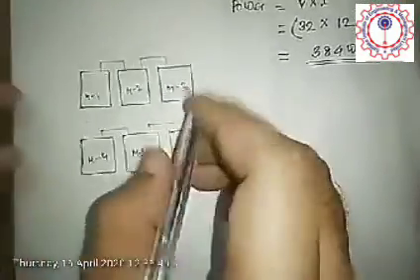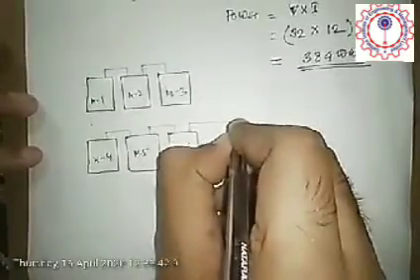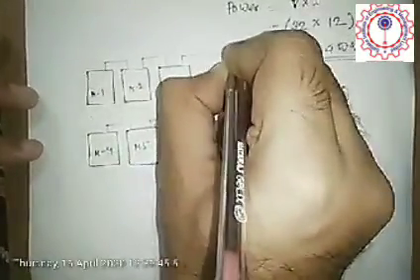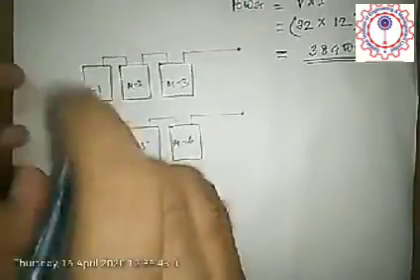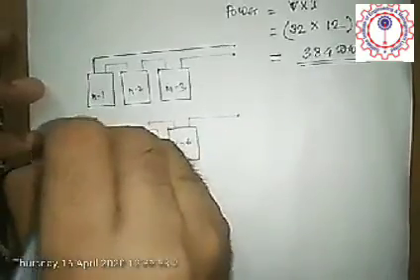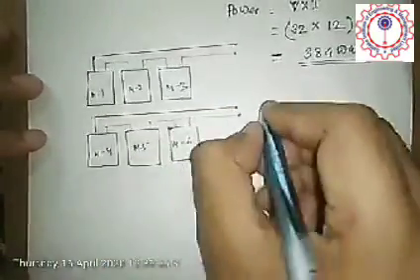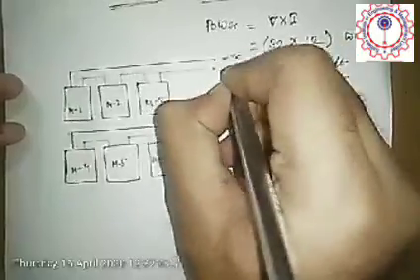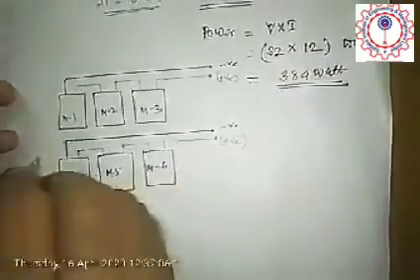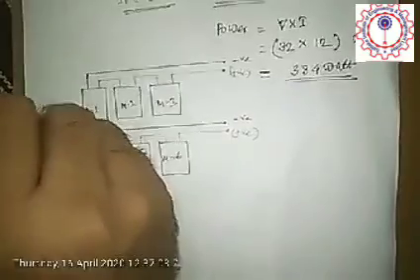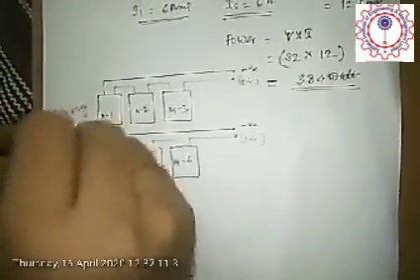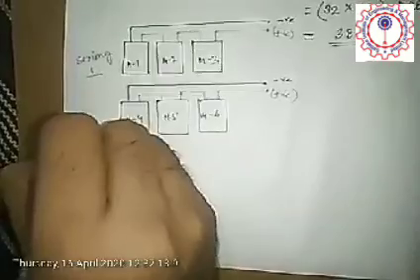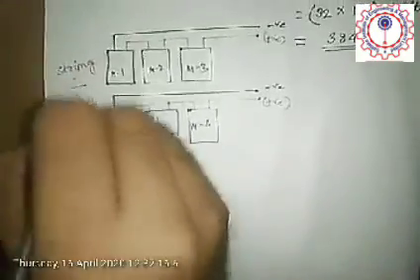This is the negative terminal, and this is the positive terminal. Finally, this is the string 1 part and this is the string 2 part.